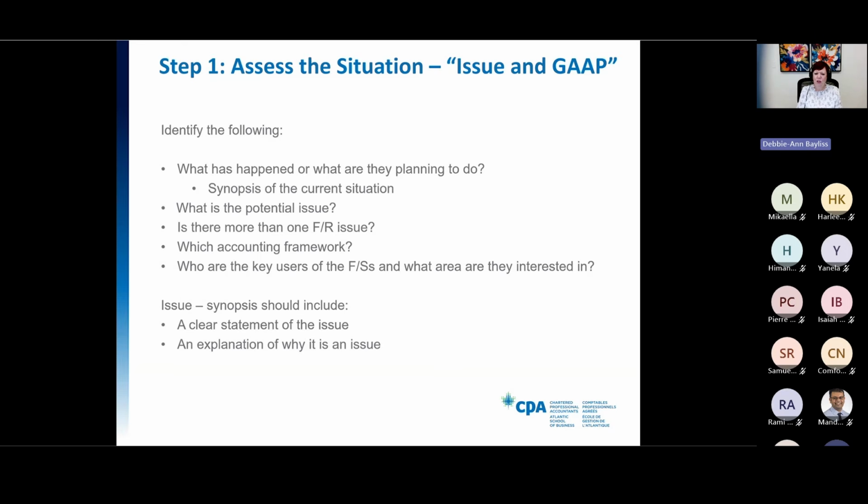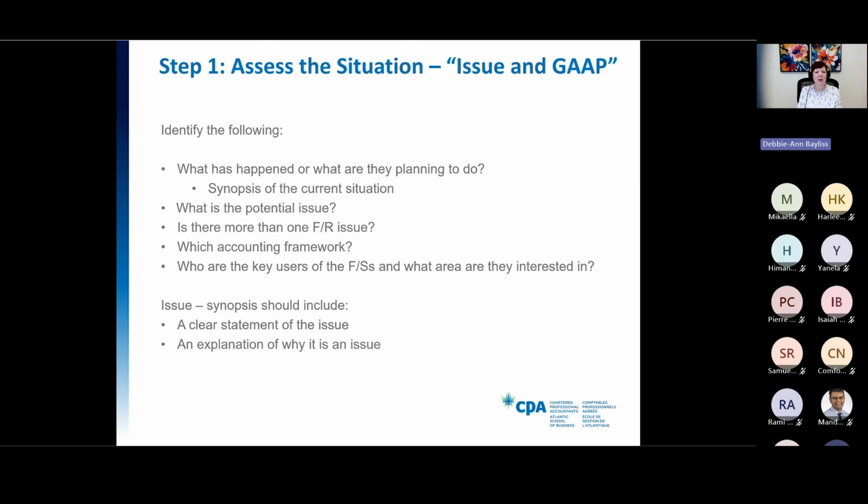So what is the potential issue? Is there more than one financial reporting issue? So let me give you an example. There may be a situation where you know that there was a signing bonus involved, and the user tells you that they've recognized the $150,000 in revenue for the signing bonus.